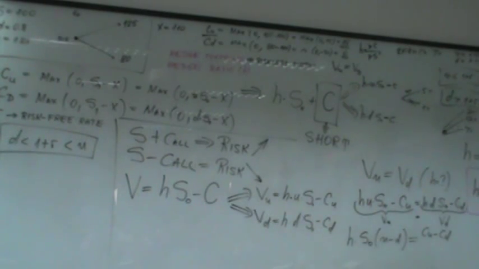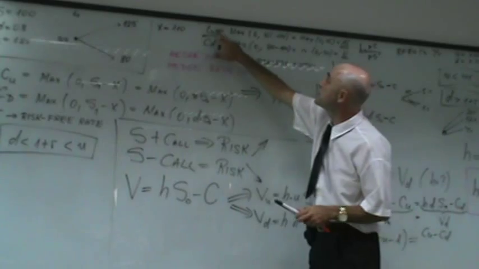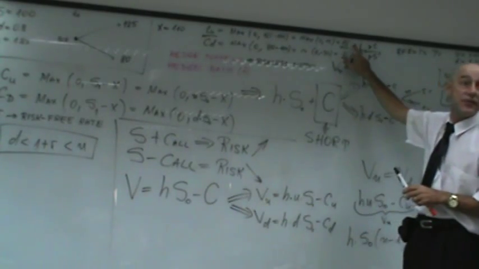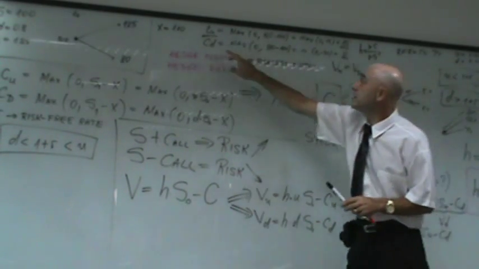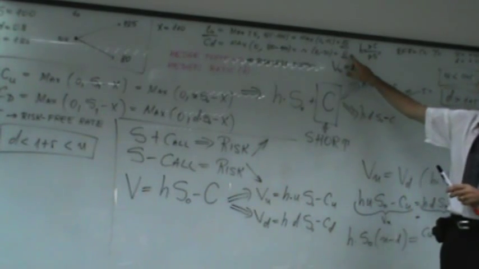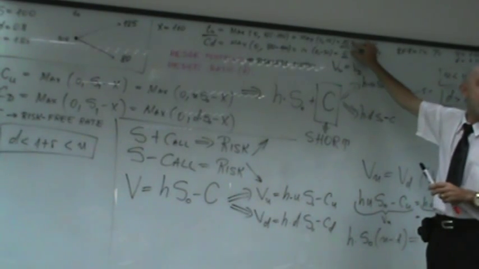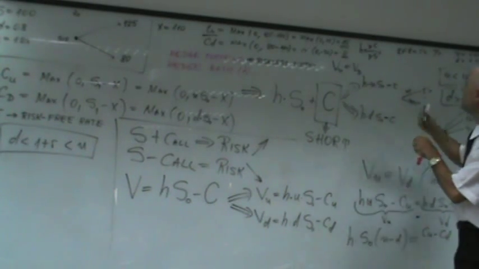In other words, here you have CU minus CD. Call on the up, call on the downside. CU equals 15. CD equals 0. So the change in the value of the call is 15.